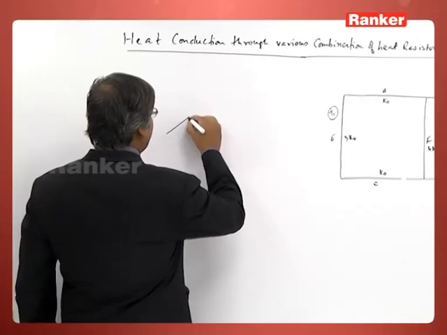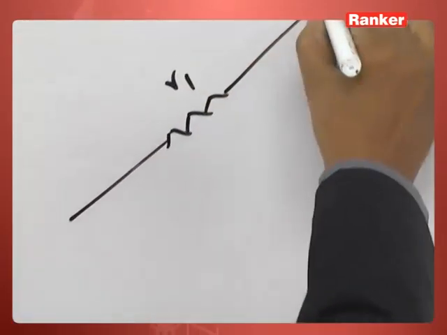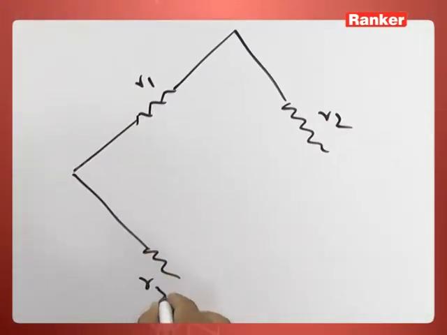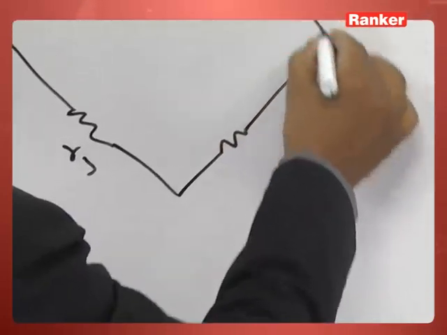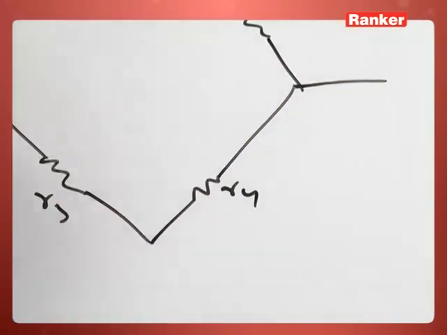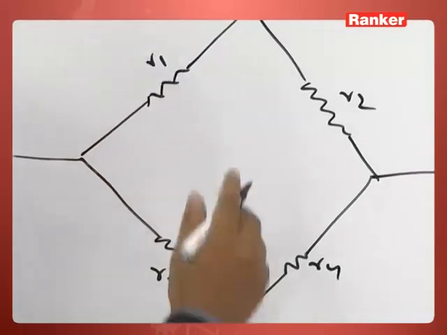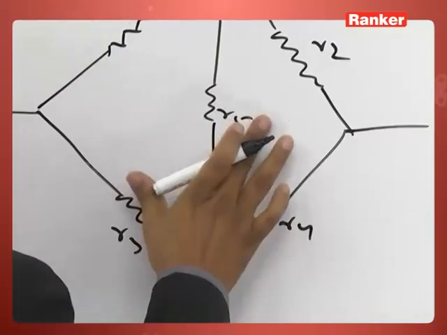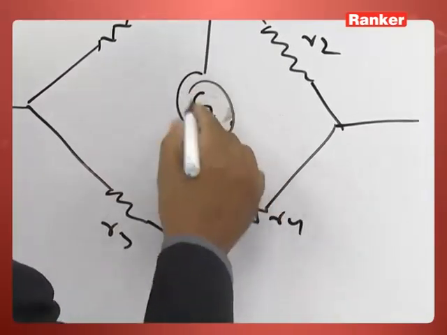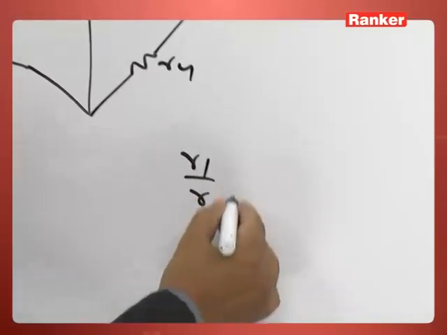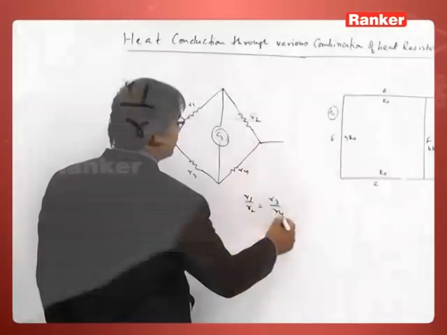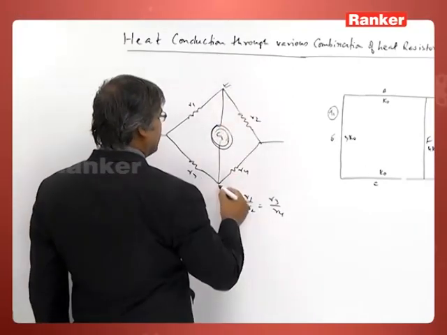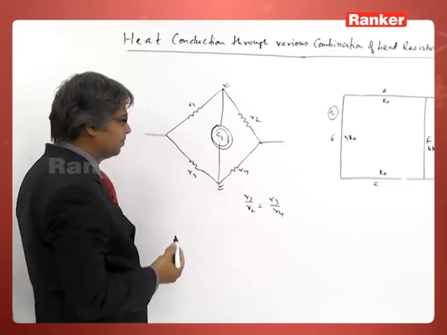So, in electricity we have seen that if this is R1 and this is R2 and we have R3 and this is R4, so if we have 4 resistors arranged in this manner, and suppose here there is R5 or something, or suppose here we have a galvanometer, then if R1 by R2 becomes R3 by R4, there is no reading in this galvanometer. That means these 2 points are at same potential.